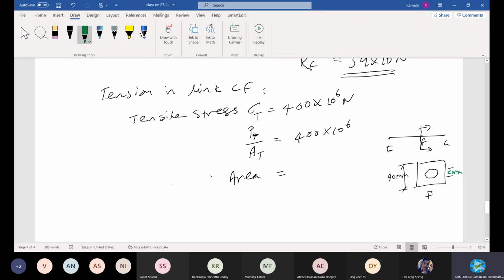All given. So the tension is acting on this, right? The tensile force is acting along this surface. Although I put it as a middle one, I better remove this, otherwise you get confused.